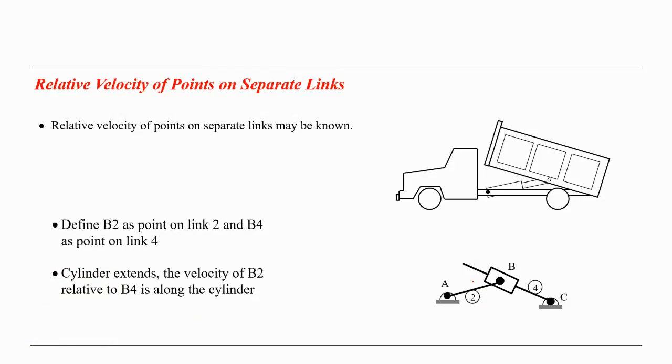Let's say this AB crank, link 2, is turning in that direction, counterclockwise. So the linear speed must be perpendicular to AB, like this.